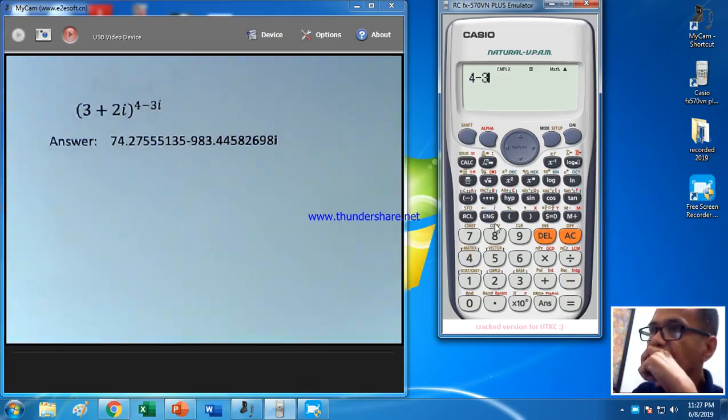Okay, next step is store that 3 plus 2i to A, and that 4 minus 3i to B. So I have stored two complex numbers.